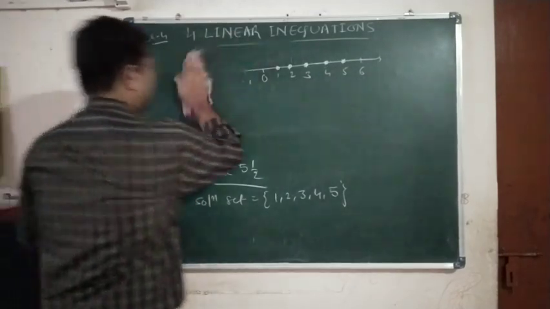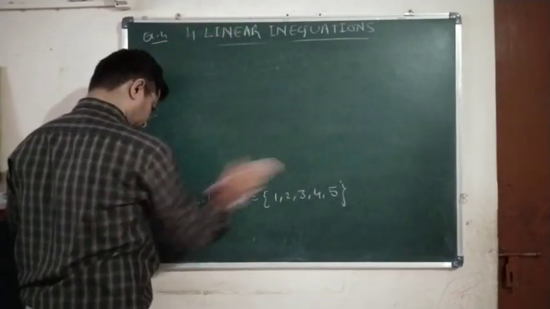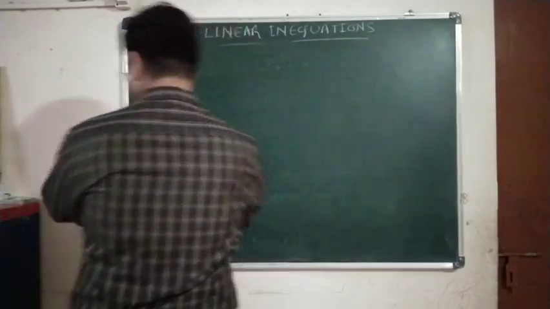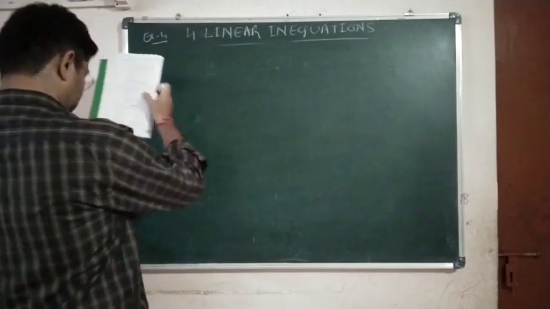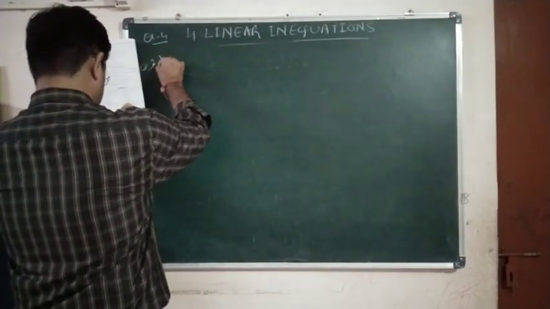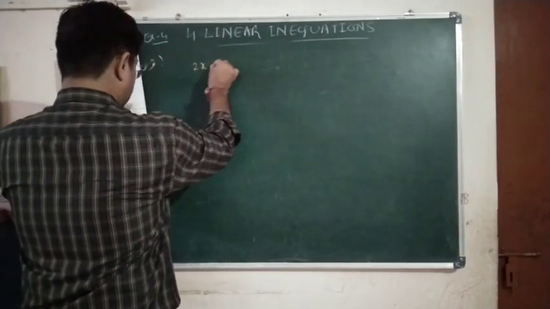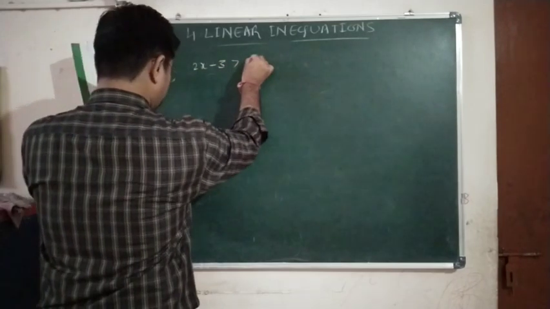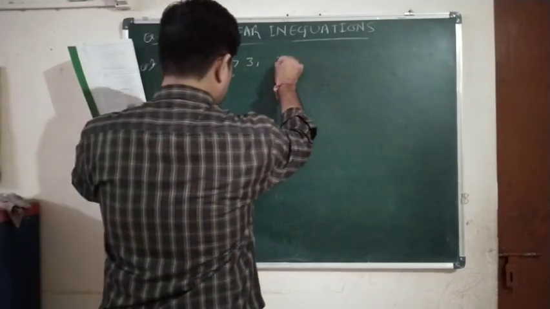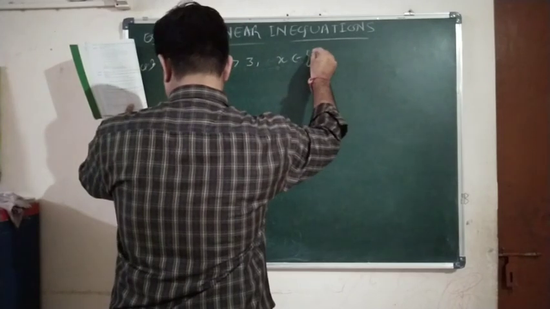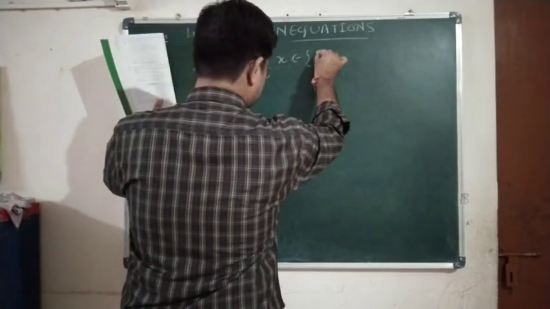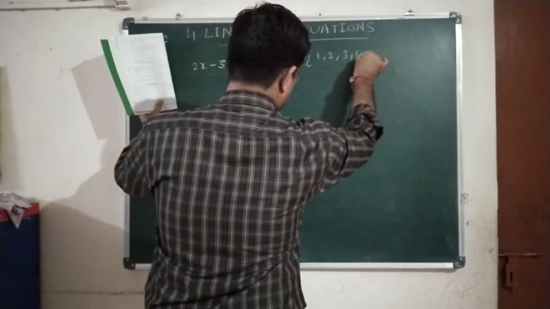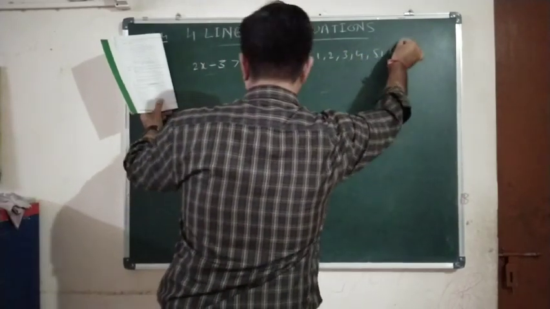Okay, so now second one. 2x minus 3 is greater than 3. X belongs to 1, 2, 3, 4, 5, 6.